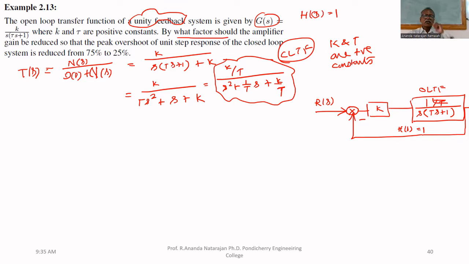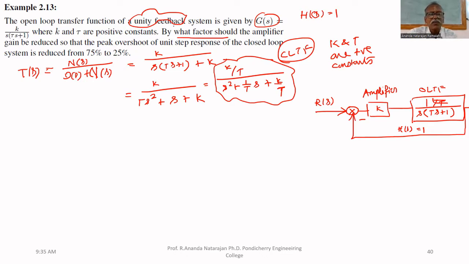I am writing this k outside because k means gain. Gain means it is nothing but an amplifier whose gain is k. If the amplifier gain is 2, it means if you give 1 volt, it will make it 2 volt. If the amplifier gain is 5, if you give 1 volt, it will make 5 volt. So k is an amplifier. Like that you have to assume.